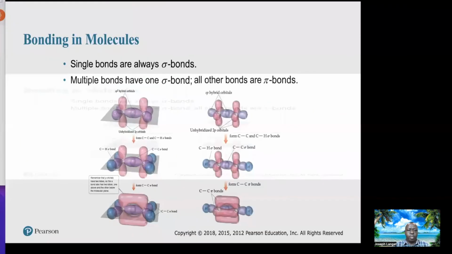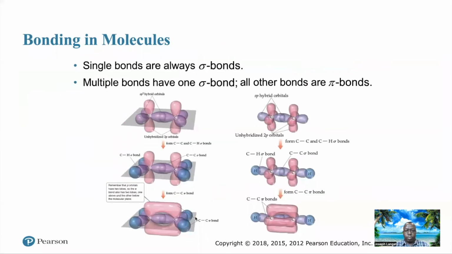From here, if you look at the double bond, the pi bond, there is an overlap. All right, there is an overlap for the pi bond, carbon to carbon, double bond.